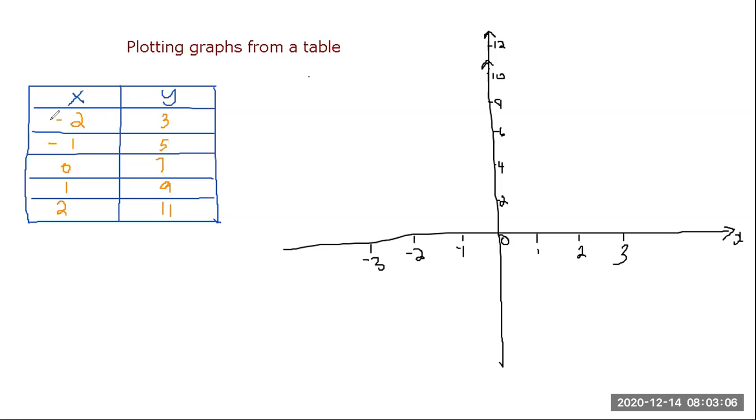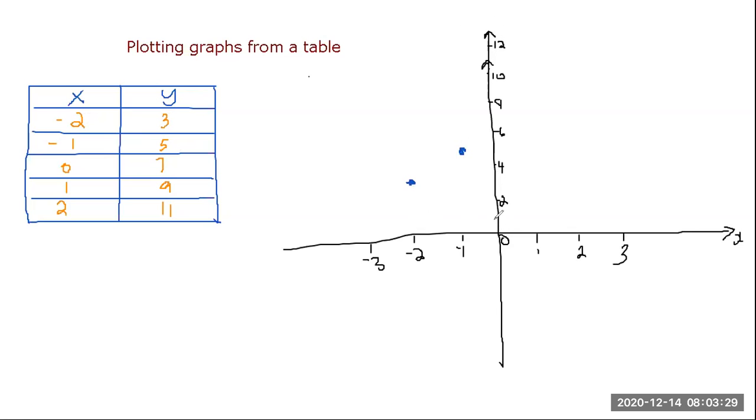The first one is -2, 3. I'm going to find -2 on my x-axis, which is here, and then find 3 on the y-axis. 3 is in between 2 and 4, so it's going to be right there. That's that point. Now -1, 5: I find -1, and then find 5, which is about right there.